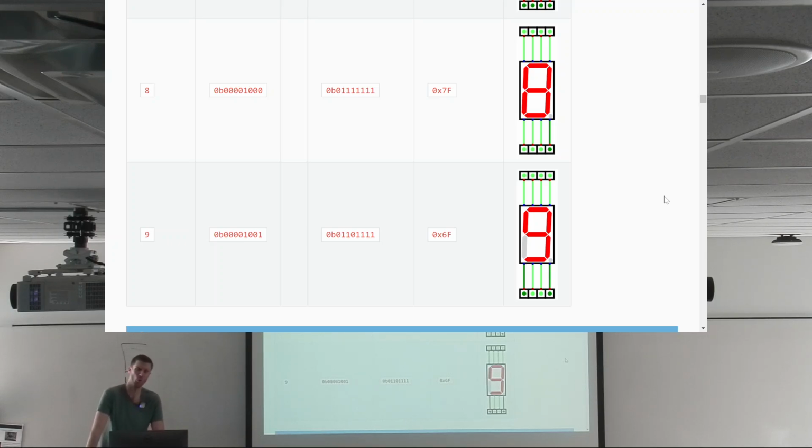If I have the number 100, which is entirely representable with our 8-bit system, we can represent up to 255, I need 3 displays. In fact, I also have a peculiarity about what I do when I have a negative number. But we're working towards that.